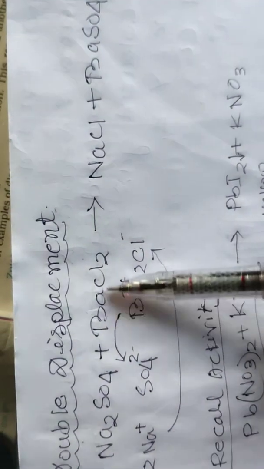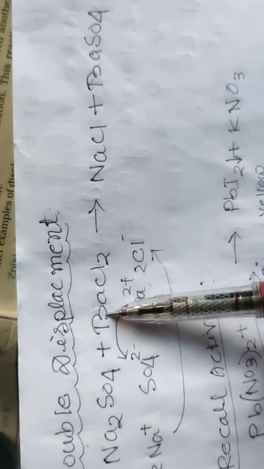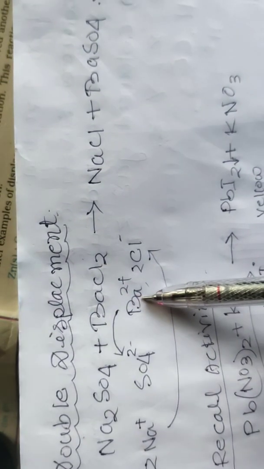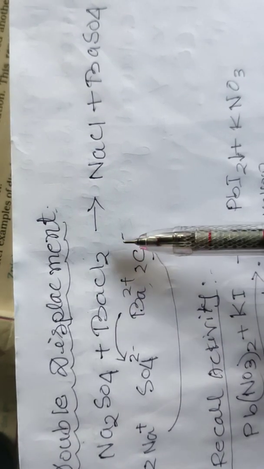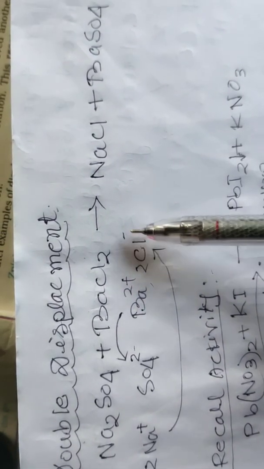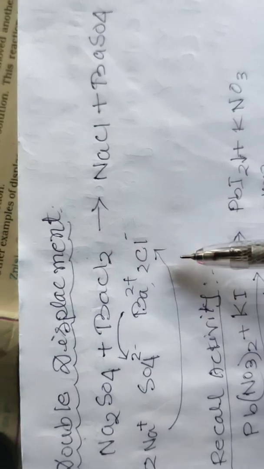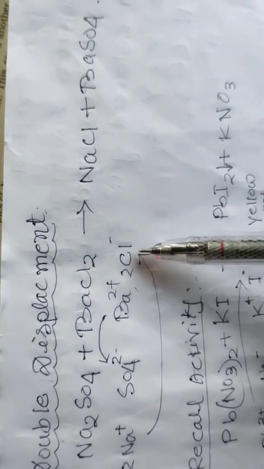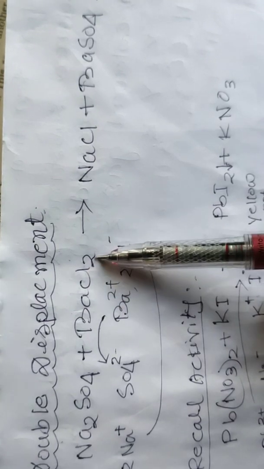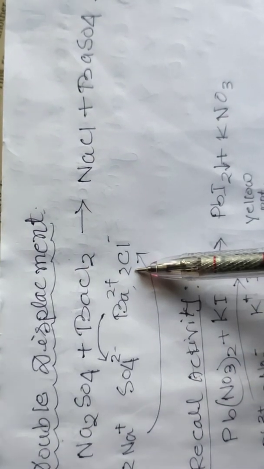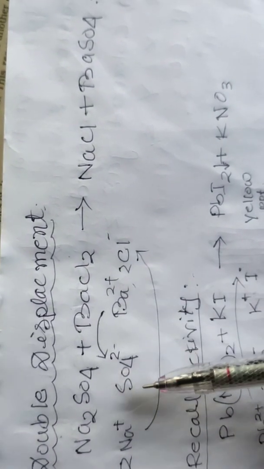Next, this is barium and this is chlorine. Barium has the valency 2, it is a metal, so it is written as Ba2+, and chlorine has the valency 1, so it is called Cl- as an ion, and as the number of chlorine atoms is 2, we should write 2 here. So what will happen?